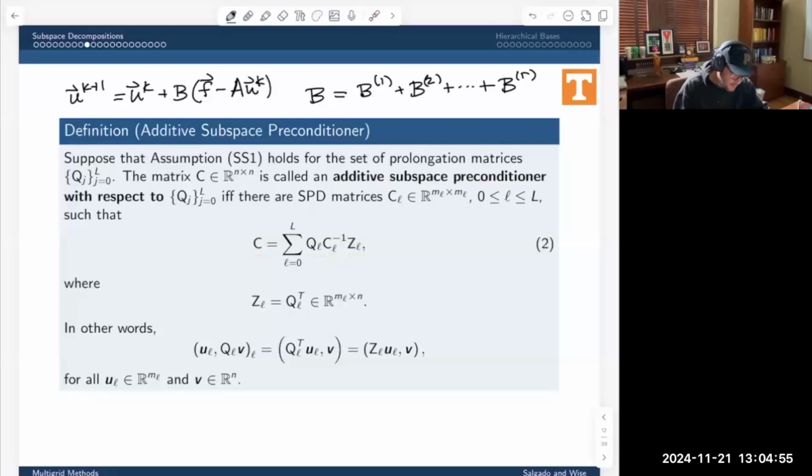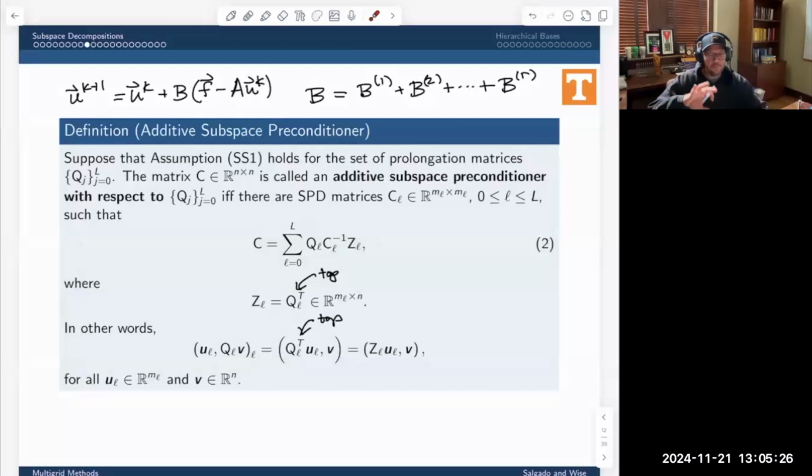This is a typo here. That should be my top symbol. Also here, top symbol. All right. So in any case, transpose. So Z_L is equal to Q_L transpose. So this just means the adjoint in the standard Euclidean sense. I'll just remind you what it means to take a transpose or an adjoint in the standard Euclidean sense.